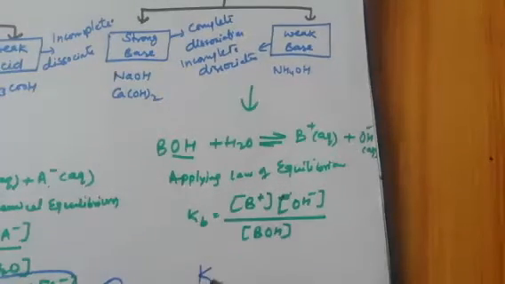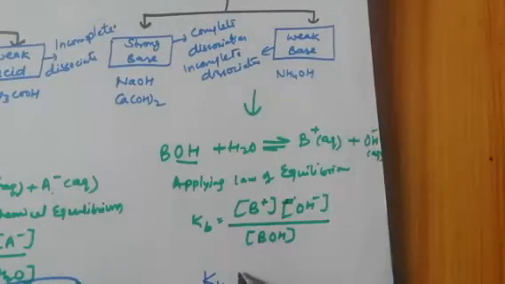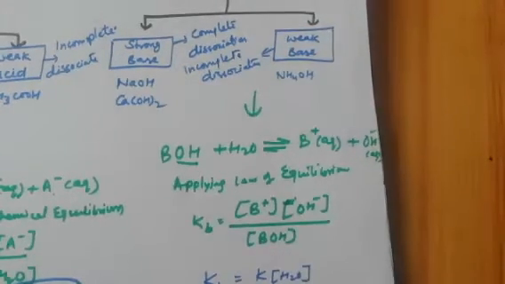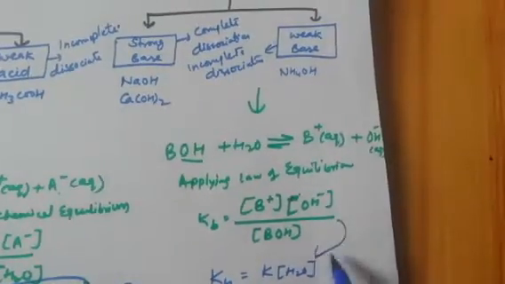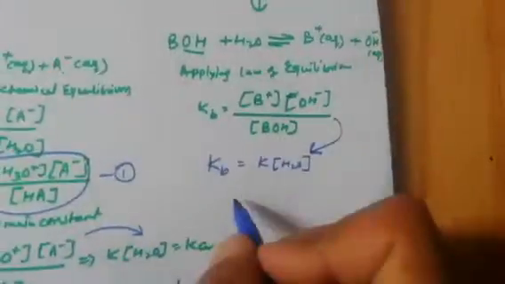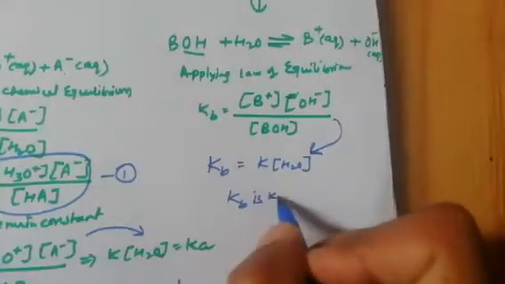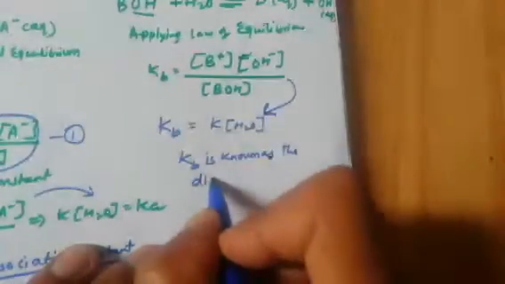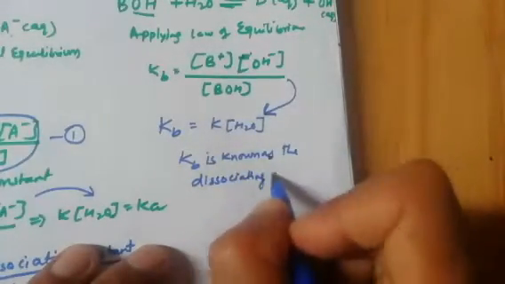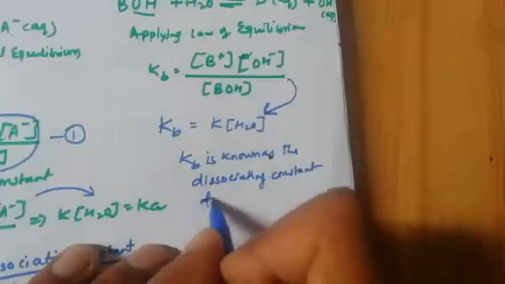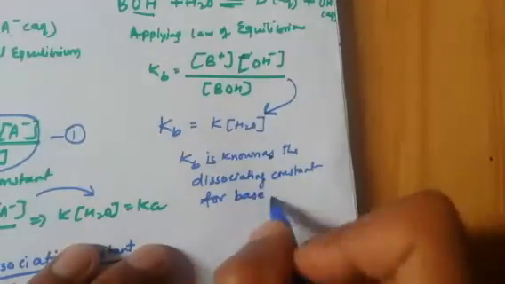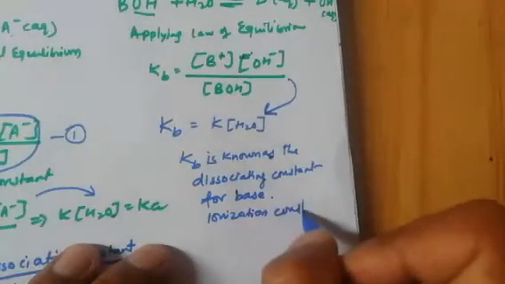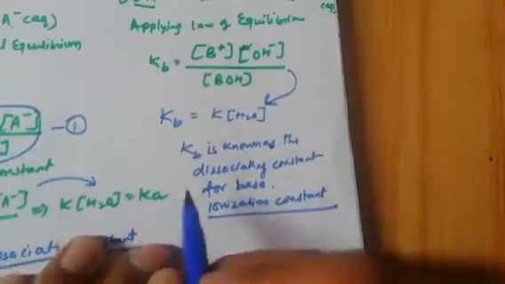So what will be the value of Kb now? In a similar way, Kb will be equal to KH2O. Okay, like this, because this value we are going to put here also. Similarly, Kb is known as the dissociation constant for base, or you can say the ionization constant for a weak base.